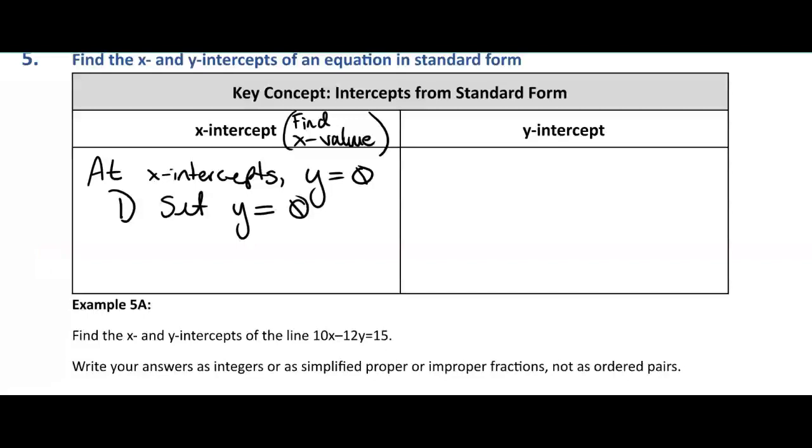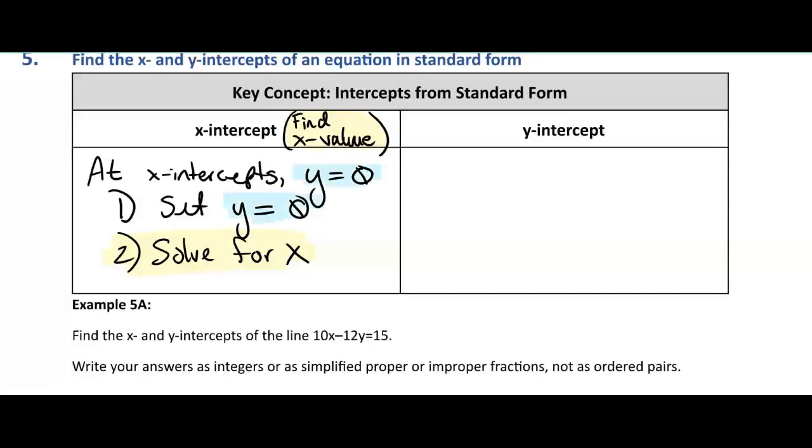And then, since what I want to do is find the x value, the next thing that I'll do is solve for x. I'm going to color code this a little bit more.